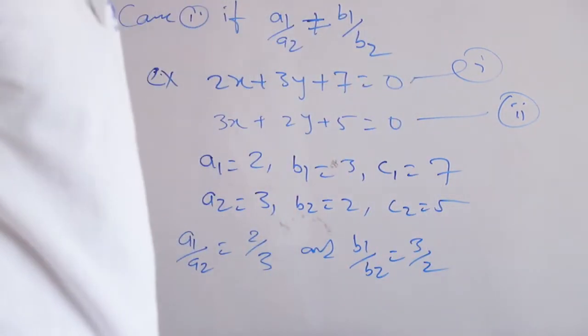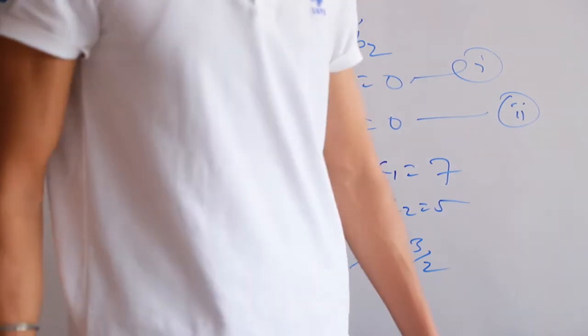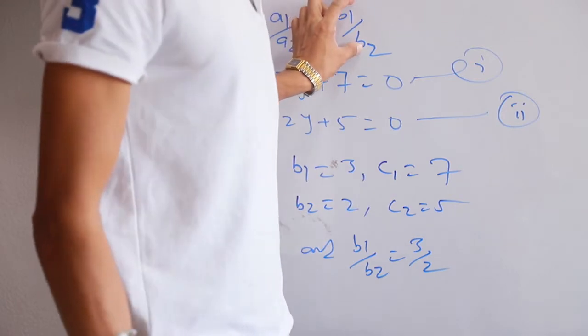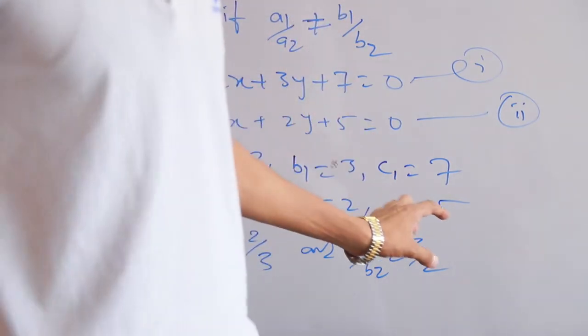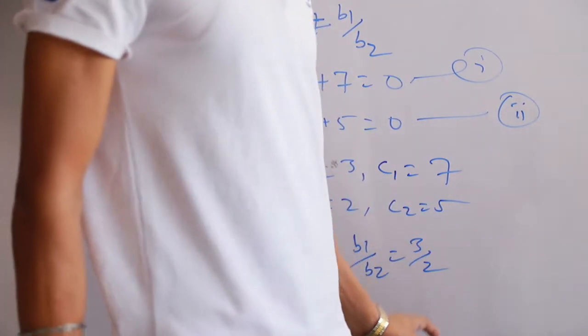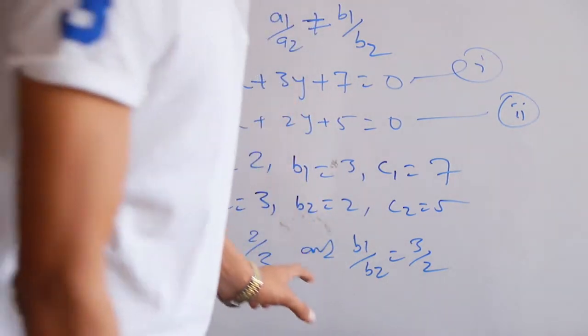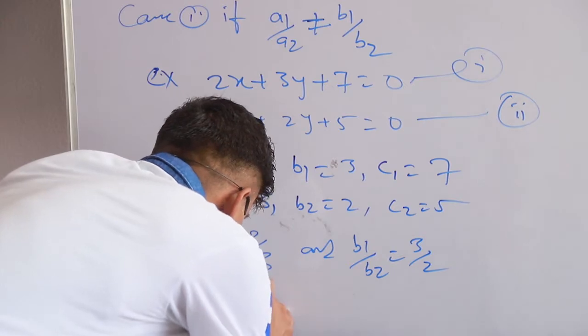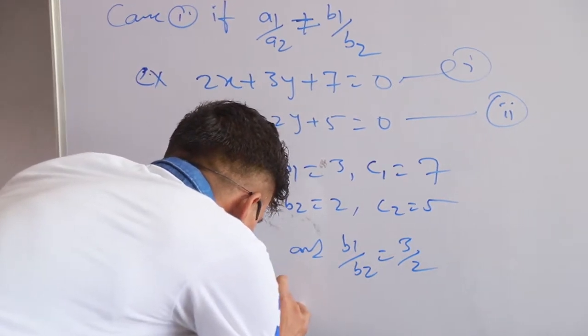We don't need to take c1 by c2, because in the first case we only have to show that a1 by a2 does not equal b1 by b2. So here a1 by a2 does not equal b1 by b2.